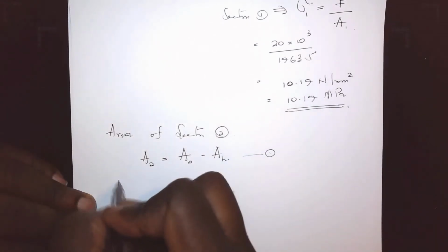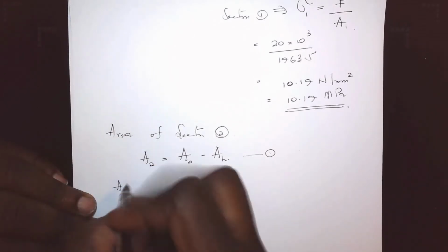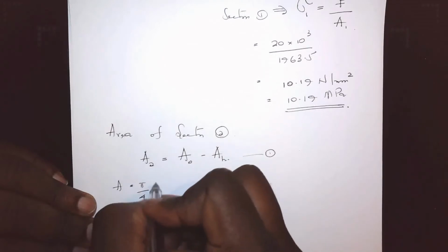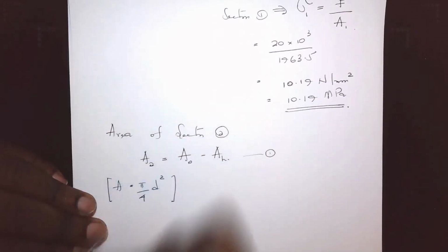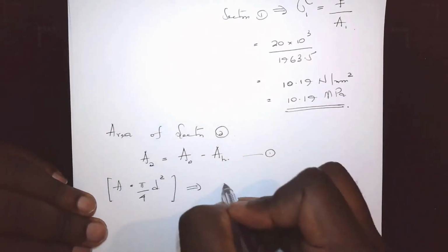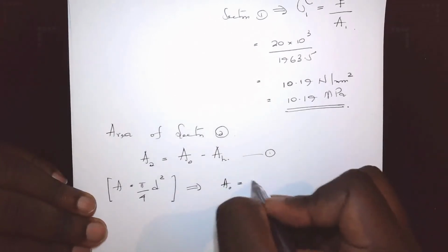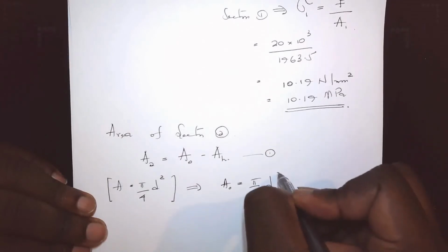We know about the area of a circle, so again, if you want to use pi r squared, it's up to you, it is equal to pi over 4 d squared. We shouldn't forget that. So in terms of the hollow section, that will be A0 is equal to pi over 4 times d0 squared.